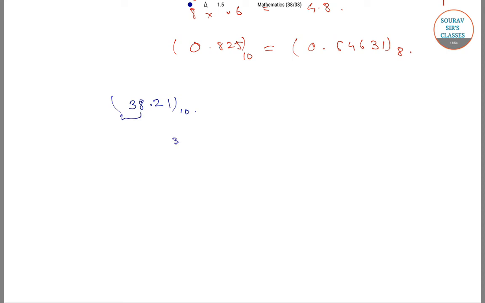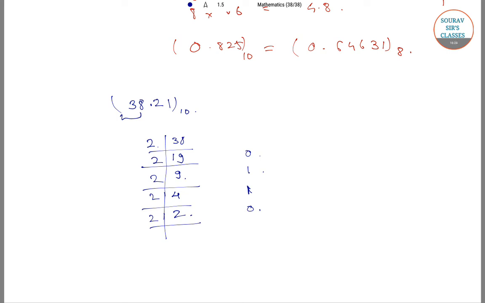We divide it by 2 and get the quotient and remainder, then divide by 2 again, and again, until we get quotient 1, remainder 0, and then dividing by 2 we get quotient 0, remainder 1.